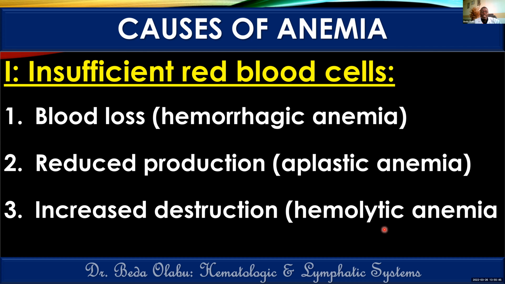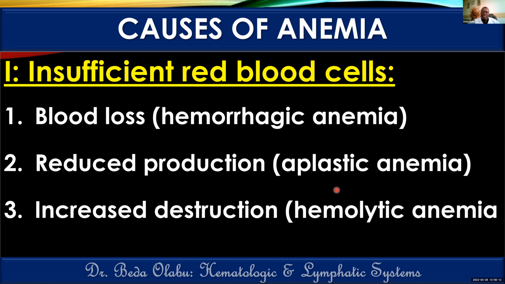Sometimes the red blood cells could be few because they are being destroyed too much. And that's what we call hemolytic anemia. So hemolytic anemia is anemia due to increased destruction. The red blood cells are being destroyed prematurely. Before they reach 90 to 120 days, they're destroyed. So that would be hemolytic anemia.